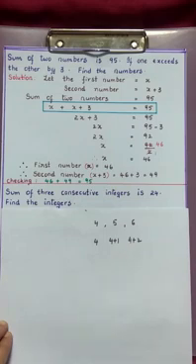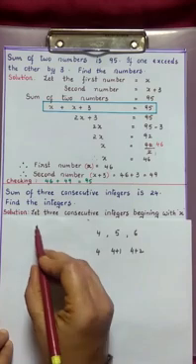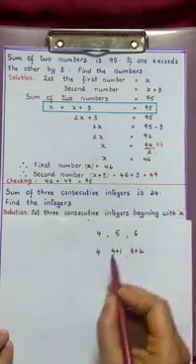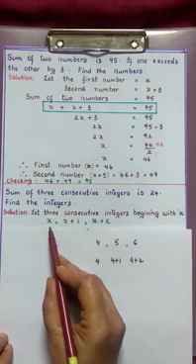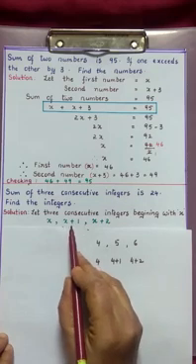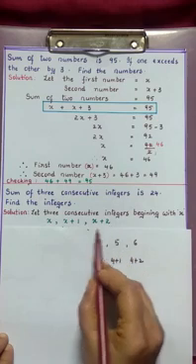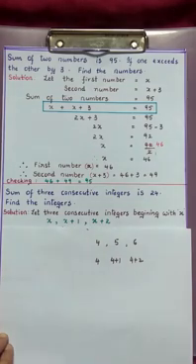So basing on this pattern, now let us consider here in the solution, let three consecutive integers begin with x. We take the first as x. Then what is the next number here? If we add 1 to x, then we get the second number. Now if we add 2 to x, then we get the third number. So these are the three consecutive integers beginning with x.